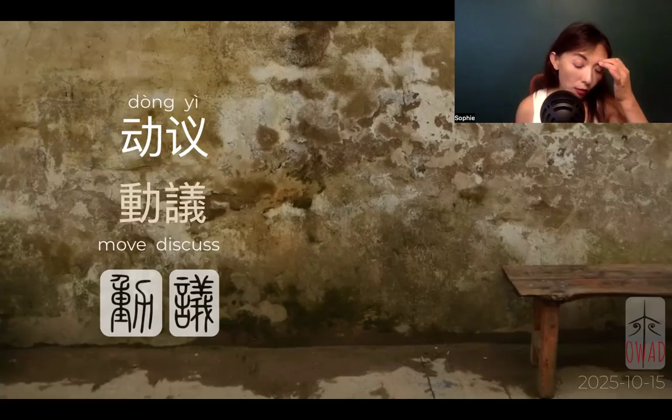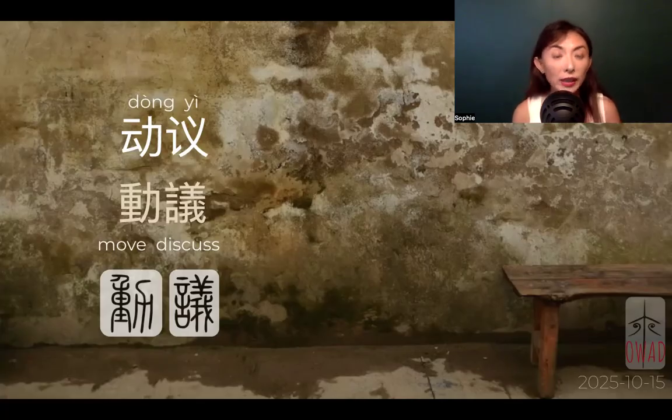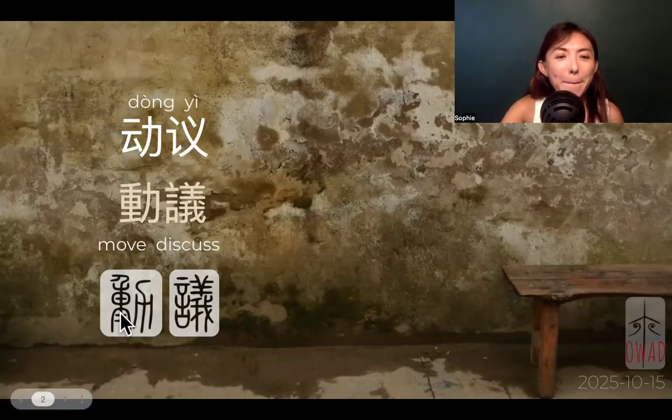And here we go. 动, move. We talked about that a few days ago. Here again, 动 is a Chinese picture of farming. This is a person sitting on top, left corner, starting to work this plow.